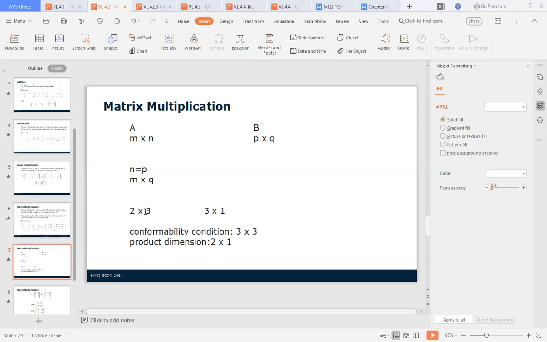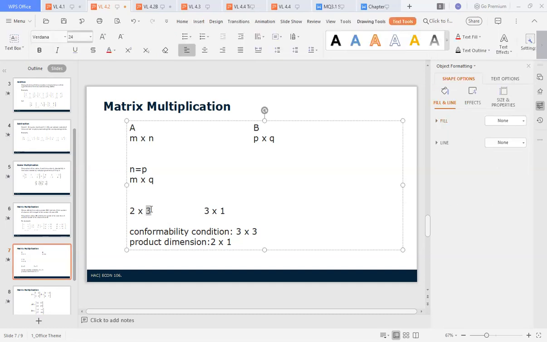If matrix A, class, has a dimension of 2 by 3 and matrix B here has a dimension of 3 by 1, then the column dimension of the lead matrix should be equal to the row dimension of the lag matrix.